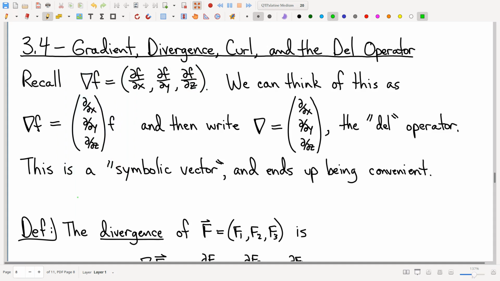Let me further note what's weird is that that's not even really a vector. I'm writing it like a vector, and it kind of isn't, right? What direction does that vector point? It's not really a vector. But this is not our first time to see symbolic nonsense, right? When we wrote down the cross product, how did we define it?